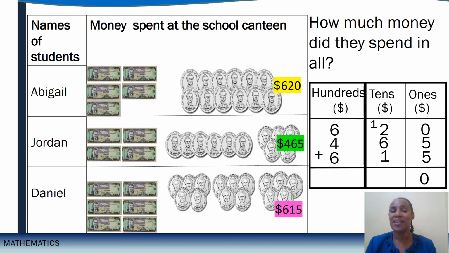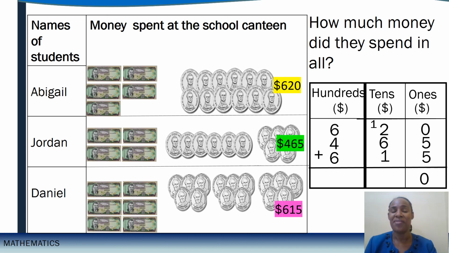Wow, that means we need to rename. Now tell me, what will we rename? Great, we will rename the 10 ones. And what will we rename the 10 ones as? Excellent, boys and girls. If you said we will rename the 10 ones as 1 ten, that is absolutely correct.